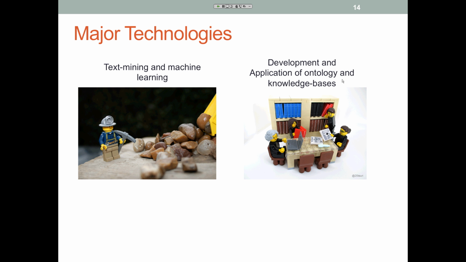Basically, with NLP, machine learning and text mining, we can try to build a knowledge base or an ontology automatically, or at least semi-automatically. But also with an ontology's help, we can do semantic annotation across different documents using NLP technologies.